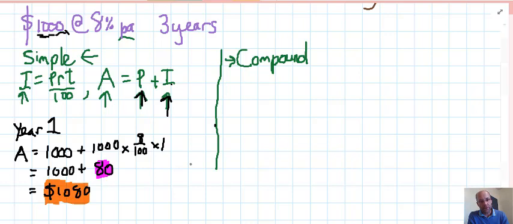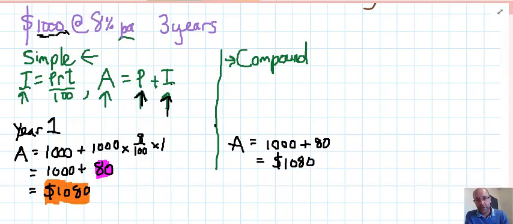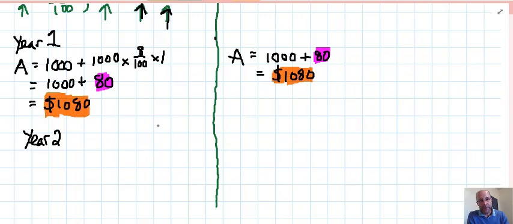With compound interest, the first time period is the same. So we have exactly the same thing: $1,000 plus that. No difference the first year, at the end of the first year at least. With simple interest, it does the same thing each year. It's a flat rate. You should remember that from your previous work.